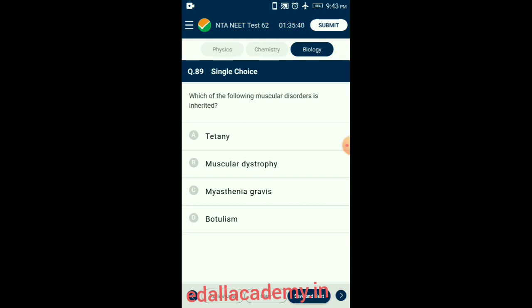Muscular dystrophy is caused by genetic mutations that interfere with the production of muscle proteins that are needed to build and maintain healthy muscles. The cause is genetic. So the answer for this question is option B, muscular dystrophy.